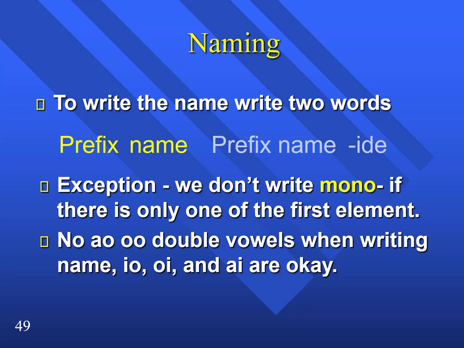II should be on this list too. II is good. So if you had 3 iodines, you would say triiodine, 2 I's. Not triodine, triiodine.